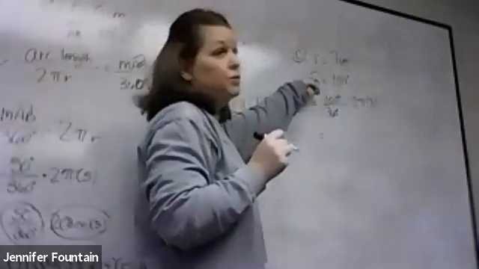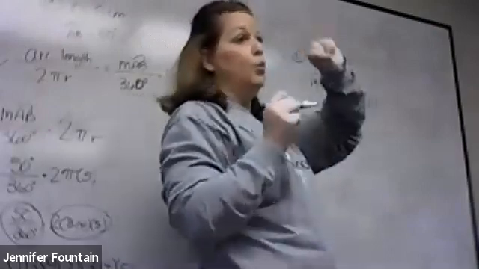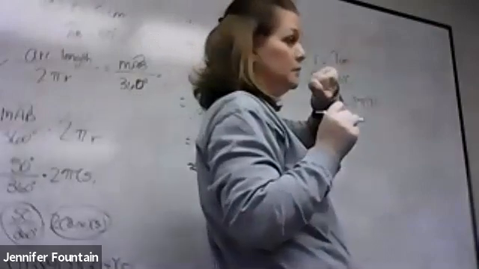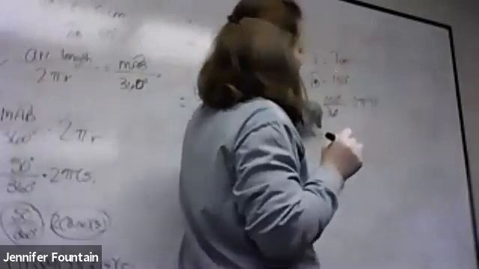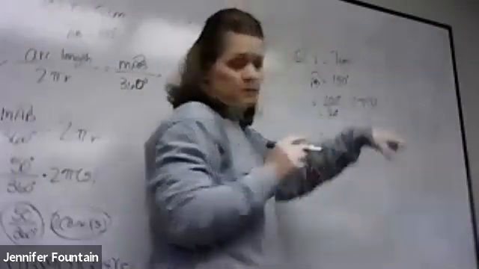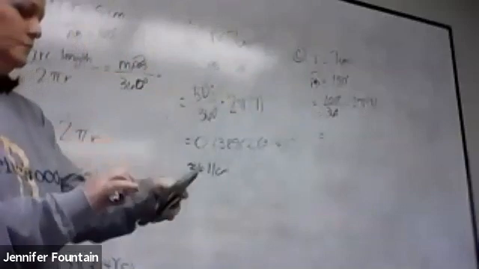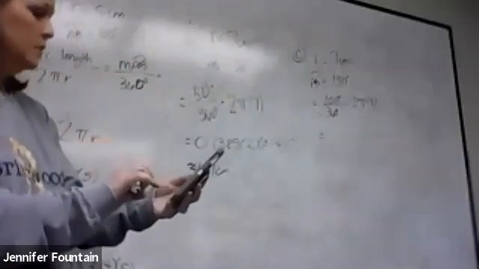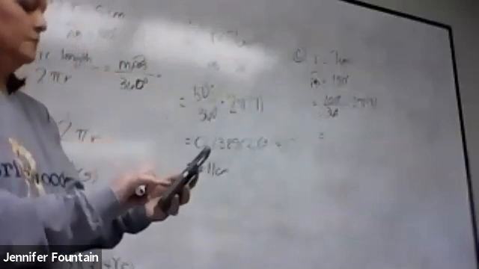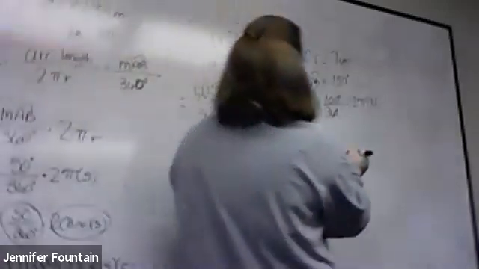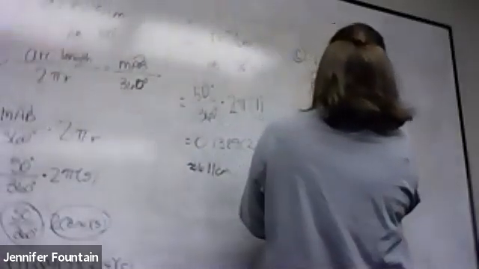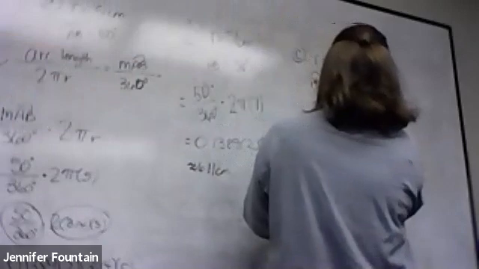360 will not go into 100 three times. 0.27. 100 divided by 360. That's what I typed in. Is that what you got? Yeah, I thought it was 360. It's 0.27 repeating. If it was 360 divided by 100, it would be 3.6, right? So we've got 0.2777.